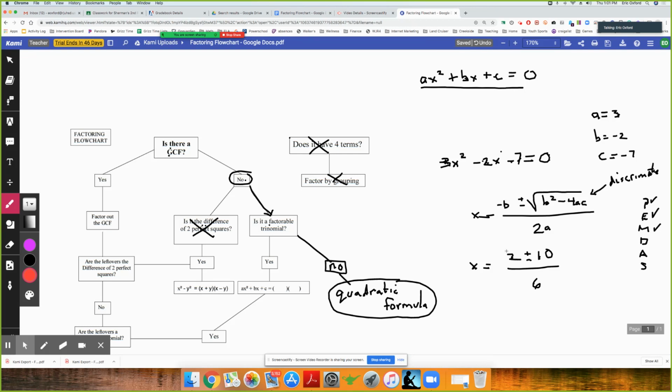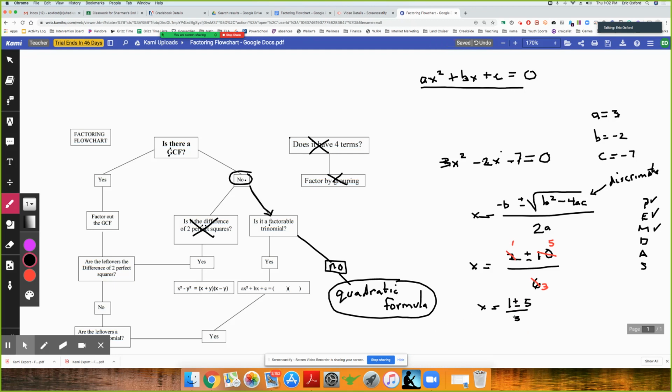So 2 divided by 2 is 1. 10 divided by 2 is 5. And 6 divided by 2 is 3. And so I think at this point I can rewrite this equation as x equals 1 plus or minus 5 divided by 3. And so at this point I've got everything in lowest terms.